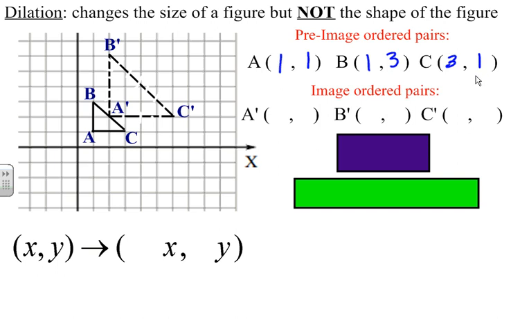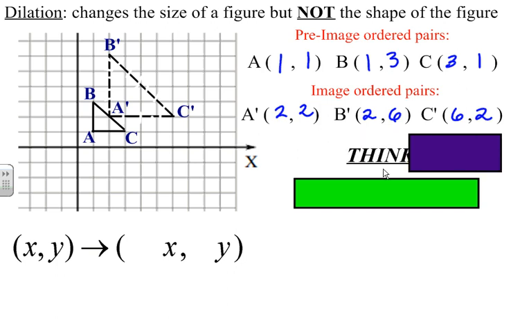We do the same for A prime, B prime, C prime. A prime is at (2, 2), B prime is at (2, 6), and C prime is at (6, 2).